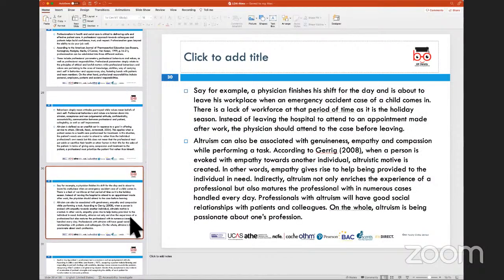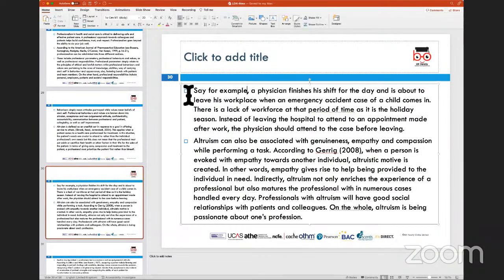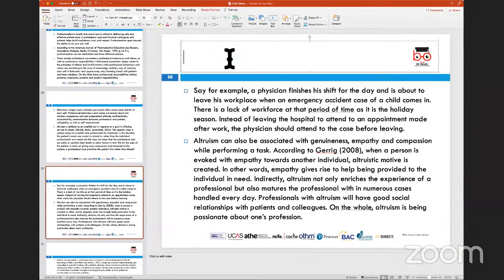Now, if I give an example of how we look at professionalism: if you're a physician or a doctor or a medic, and you are finishing your day shift and about to leave work, but there is an emergency or an accident which comes up, and you're asked to attend to it. Although you've ended your day shift, because of this emergency you are required to attend.